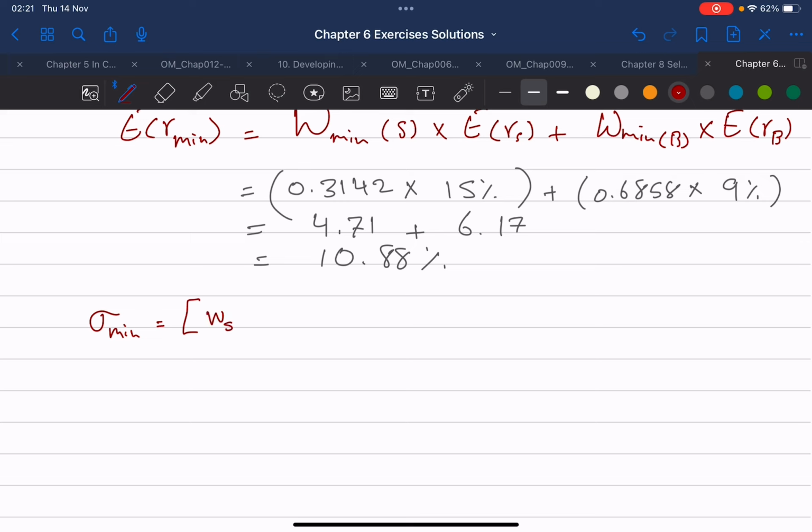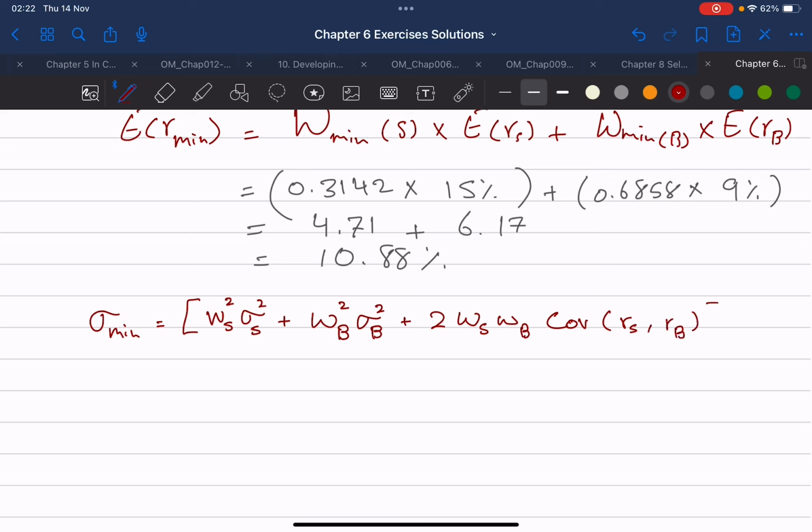the weight of the stock fund squared multiplied by the standard deviation of the stock fund squared plus the weight of the bond fund squared multiplied by the standard deviation of the bond fund squared plus 2 weight of the stock fund multiplied by the weight of the bond fund multiplied by the covariance of the two funds.